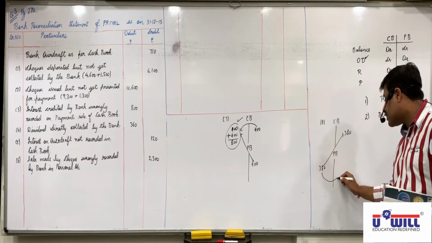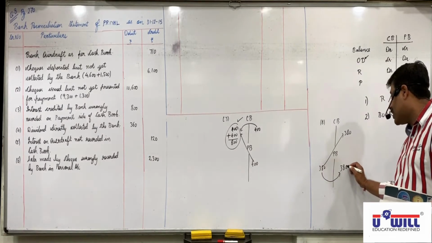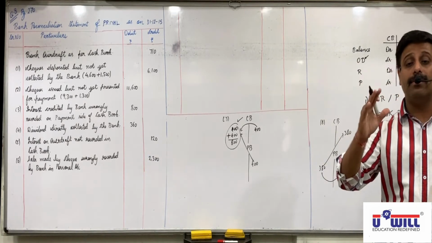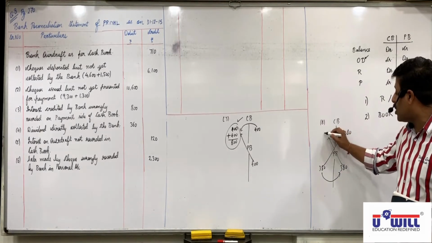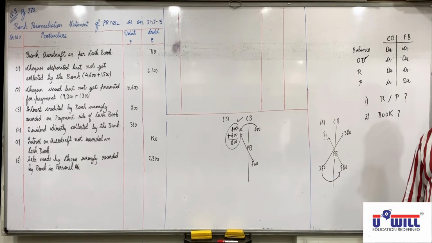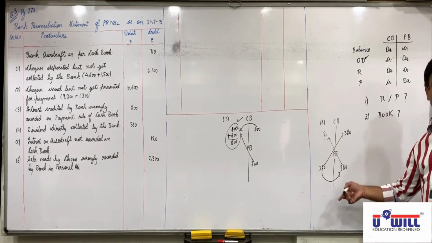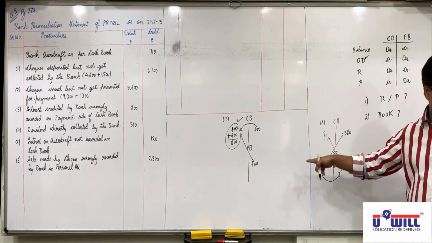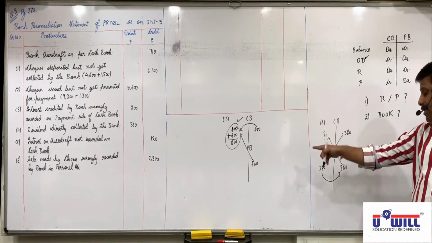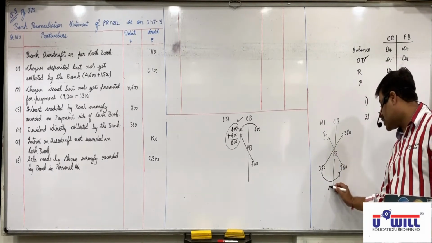Now bank has reversed on our request. They have cancelled, they have waived our bank charges. But this one is not yet recorded in cash book. Means 380 bank has reversed and credited in passbook, but it is not yet debited in cash book. So debit in BRS. Show this workings for 8.